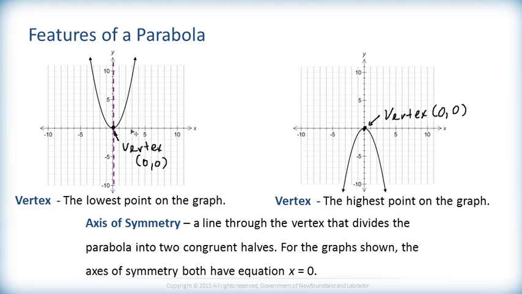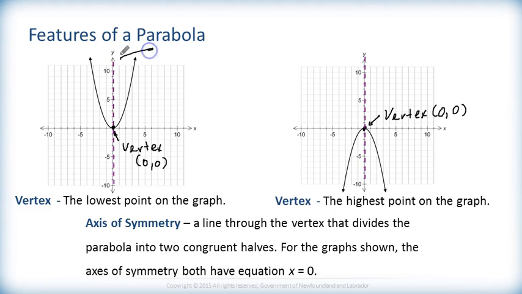So it shows the symmetry of the parabola, which you would have studied back in grade 9. If the graph opens downward, it also has an axis of symmetry that goes through the vertex. So it doesn't matter if it opens up or down, the axis of symmetry goes through the vertex.